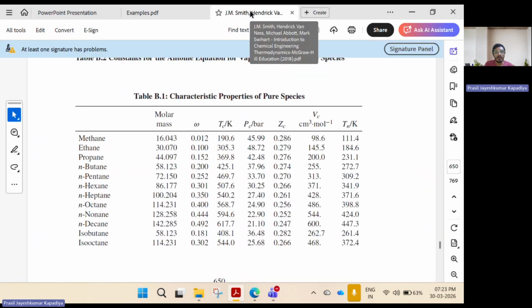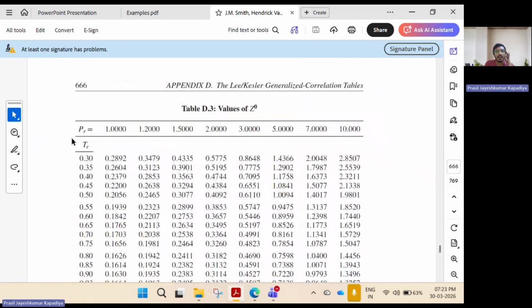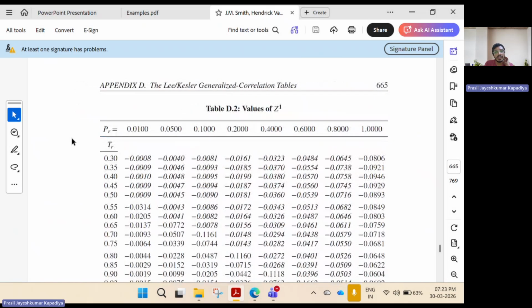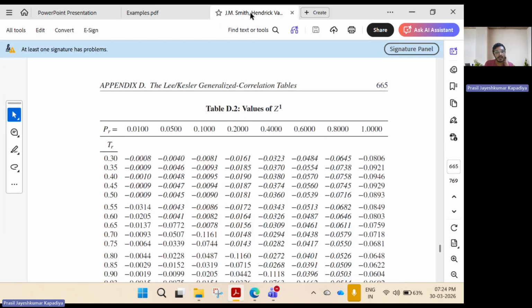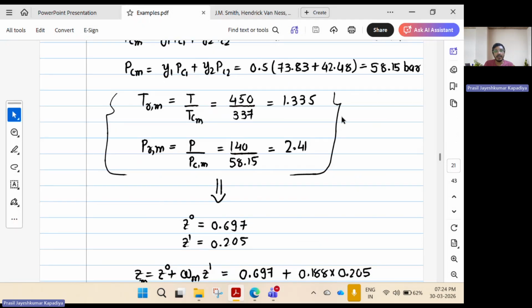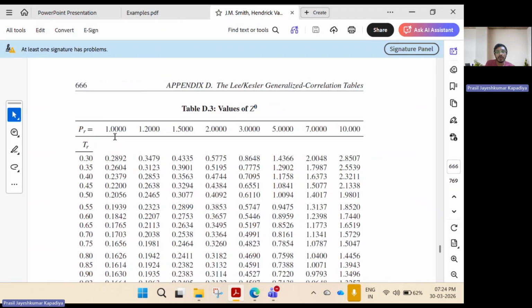So what can I find out? Let's have a look here. So we have TR and PR. I can find Z first, and from Z I can find the molar volume. Correct. So our values are TR equal to 1.335 and PR equal to 2.41.